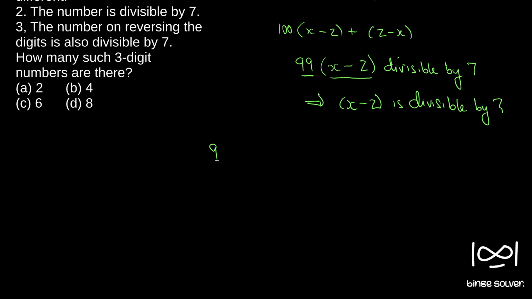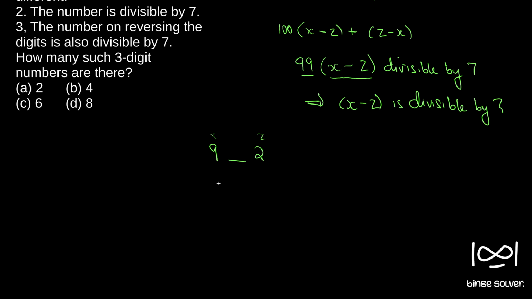If you take x as 9, x, y, z is the number, right? 9 minus z has to be divisible by 7. So only one combination, z is 2. 9 minus 2 is 7, and 7 is divisible by 7. So for x, z, we have this combination.